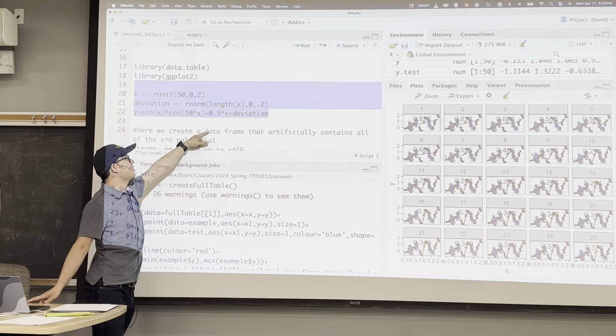In fact, wait a minute. Oh, I'm already showing the out of sample one. Okay. Well, ignore this number for now. The in-sample mean squared error, that number, it will continue to decrease.